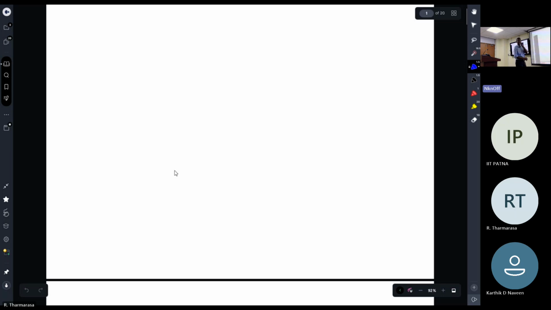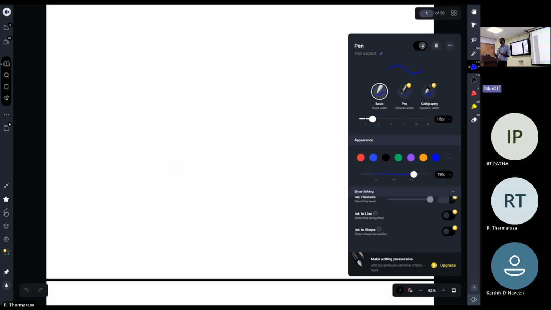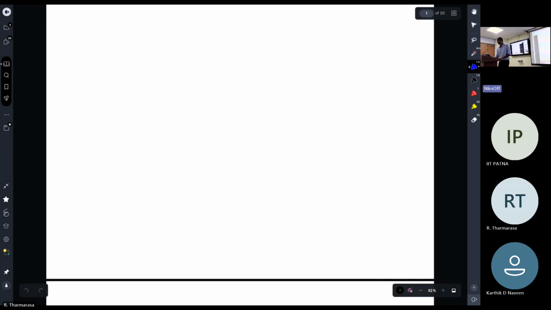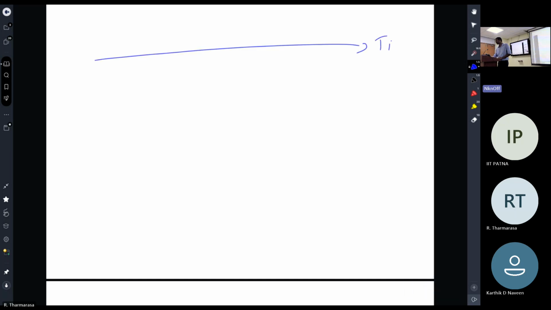So out-of-sequence measurement means that there is a single sensor. Usually out-of-sequence measurement comes with multiple sensors, but for now, a single sensor. And this is the time axis.